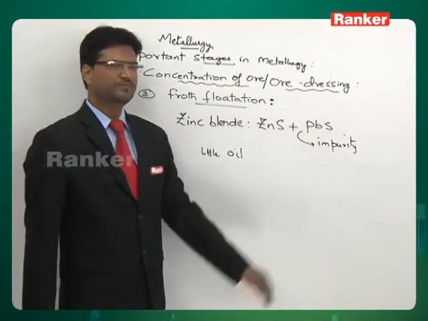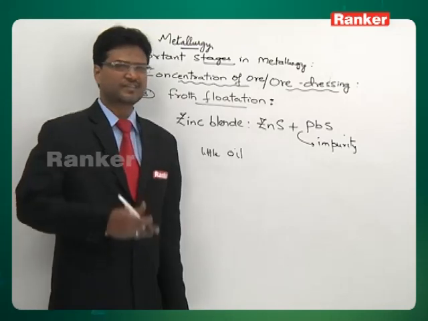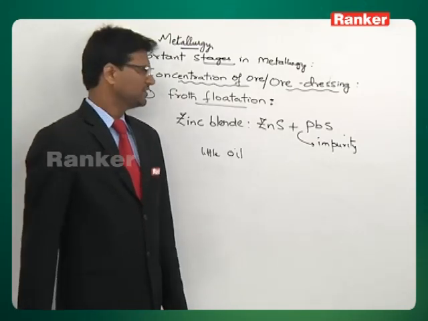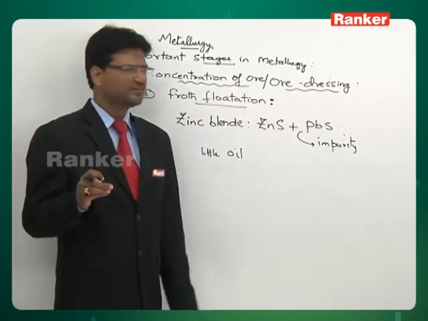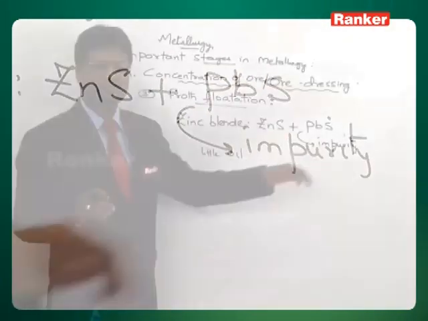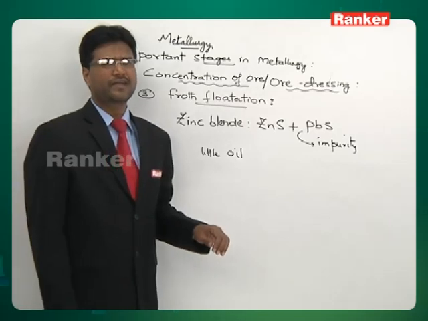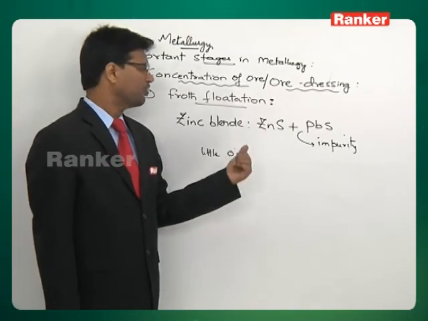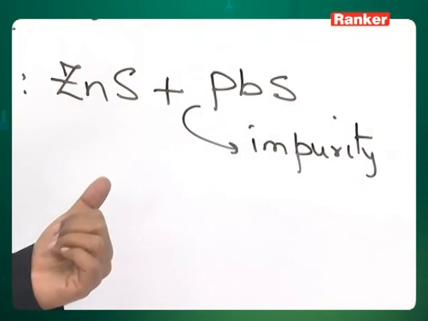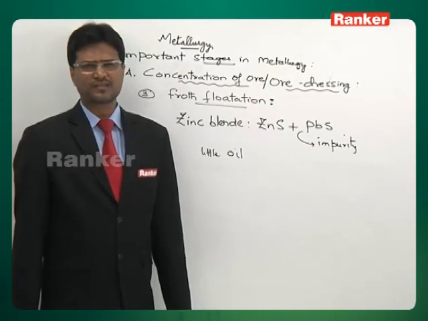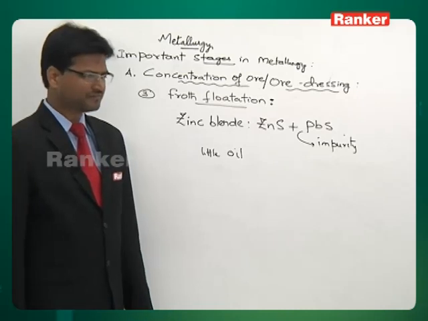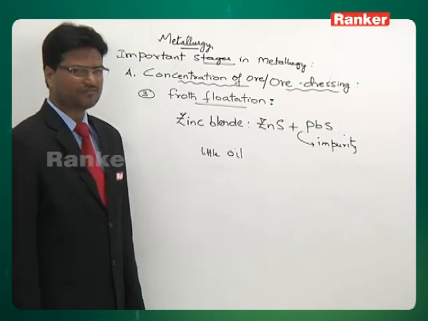You can avoid a mixture of PbS and ZnS getting attracted to the froth. First add a little amount of oil, do the froth flotation, then you will be able to remove all the PbS. Then you need to add more oil and continue the agitation, then ZnS will get absorbed to the froth and it can be recovered. That's about froth flotation.